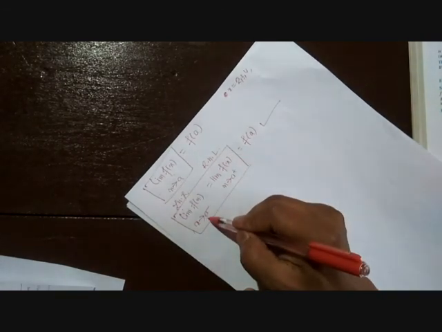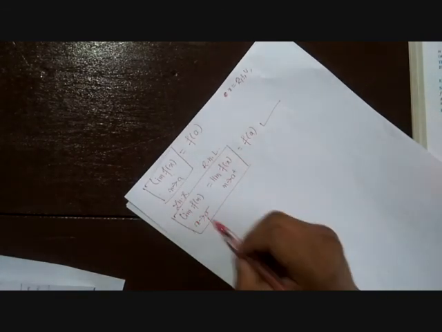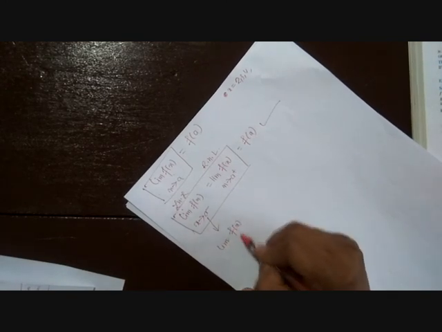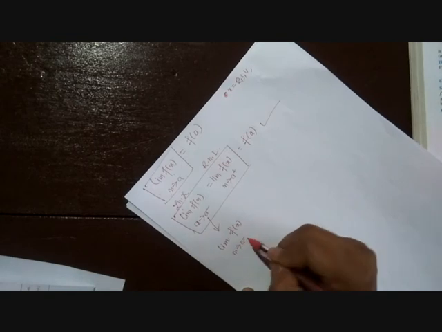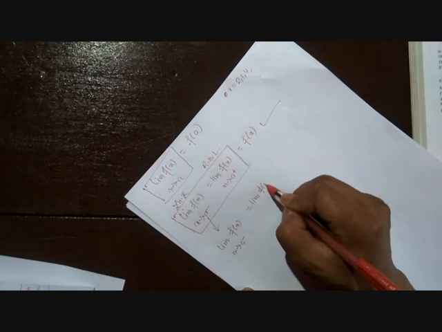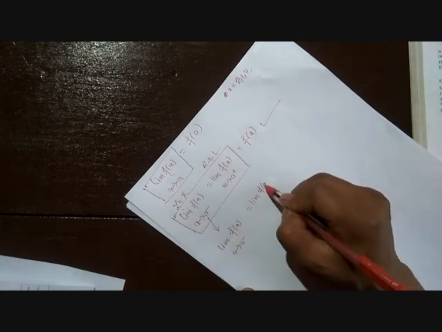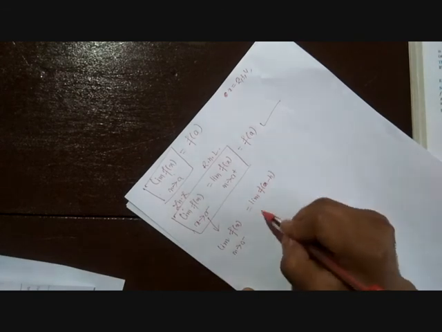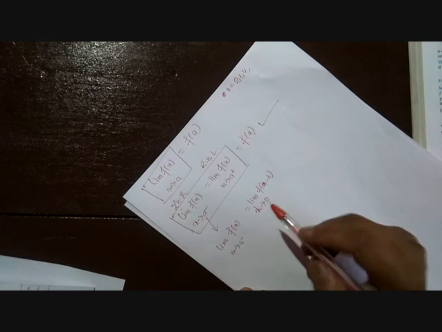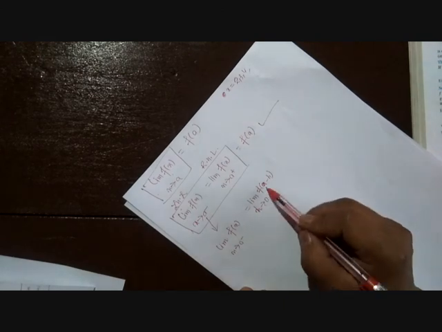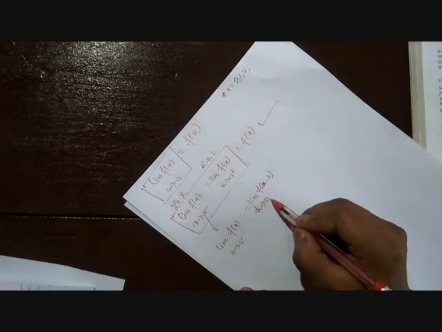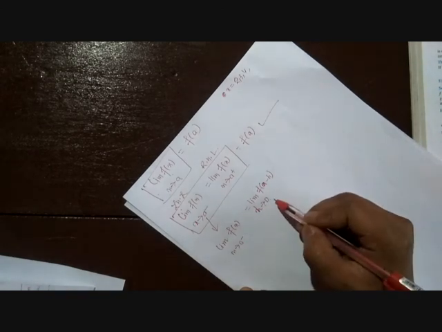Now we expand this like this: the limit of f(x) as x tends to a minus is equal to the limit of f(a minus h), where h is tending to 0. Here we are replacing the value of x by a minus h, and h tends to 0.